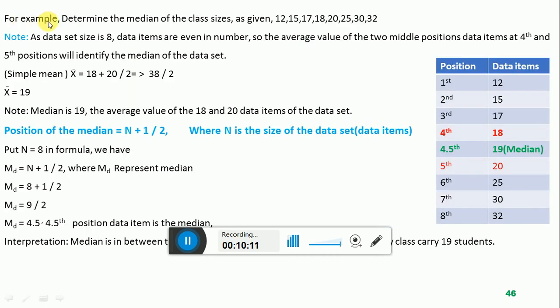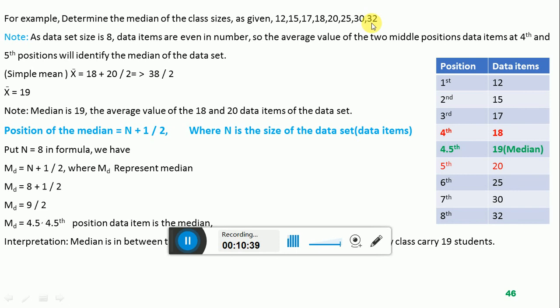Now we are changing examples. Suppose the data set carries an even number of data items, meaning 2, 4, 6, 8. How can a statistician identify the median for the given data set? For example, determine the median of the class sizes as given here: 12, 15, 17, 18, 20, 25, 30 and 32.